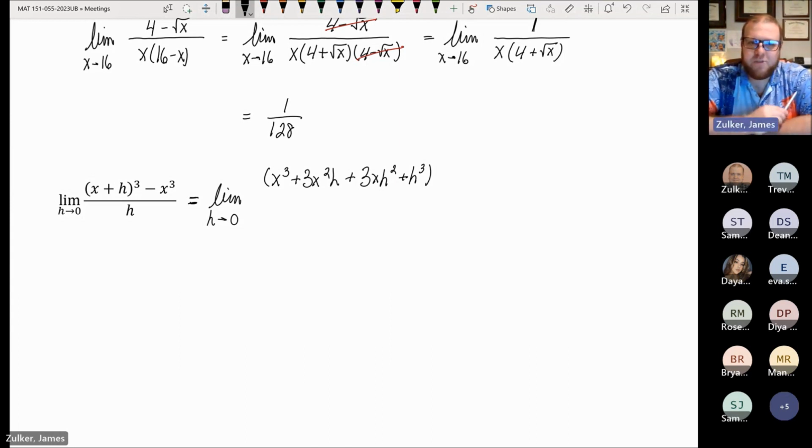x cubed plus 3x squared h plus 3xh squared plus h cubed.